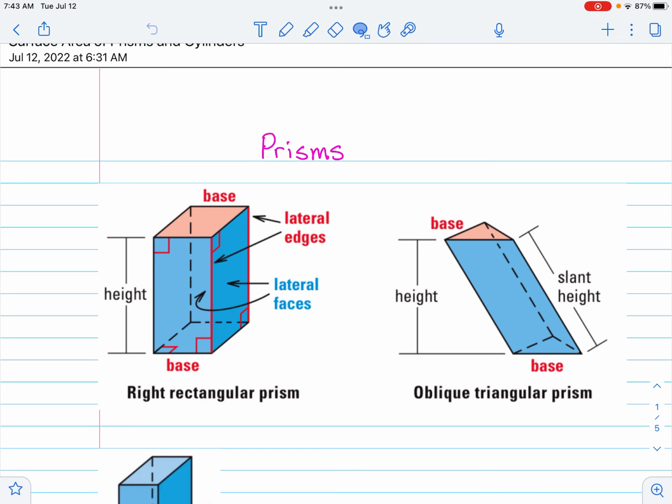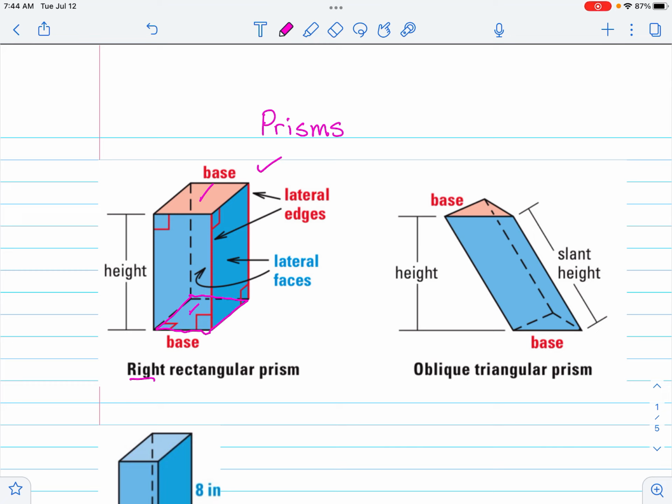Now, this first one we're looking at is a rectangular prism, because notice the bases that are parallel and congruent are rectangles. This is a right rectangular prism, and what makes it a right rectangular prism is the fact that these other faces make a right angle with the congruent parallel bases.